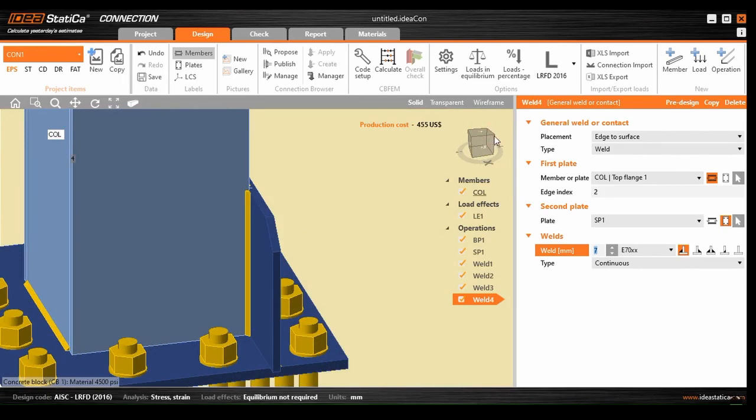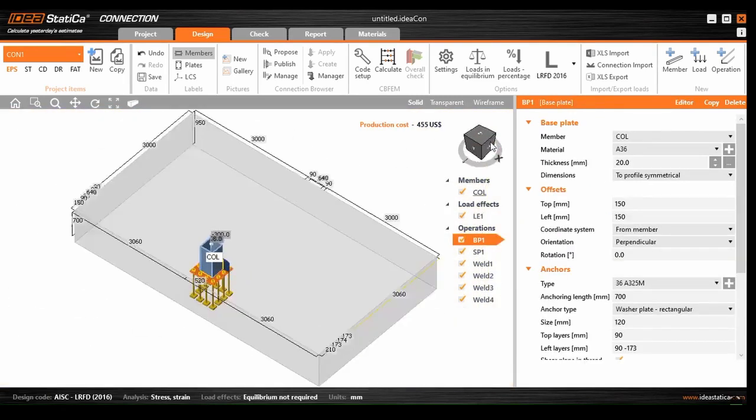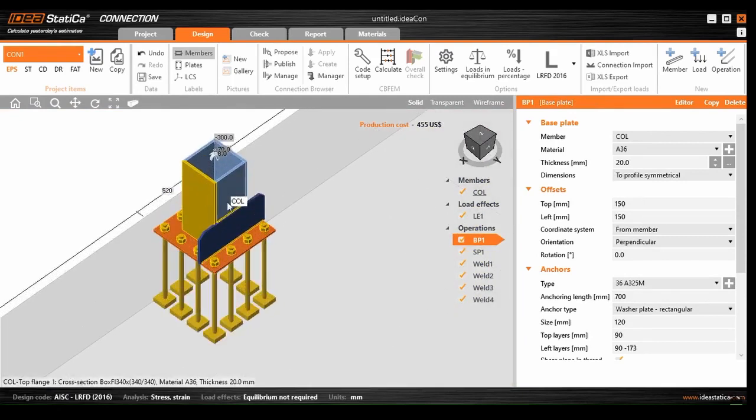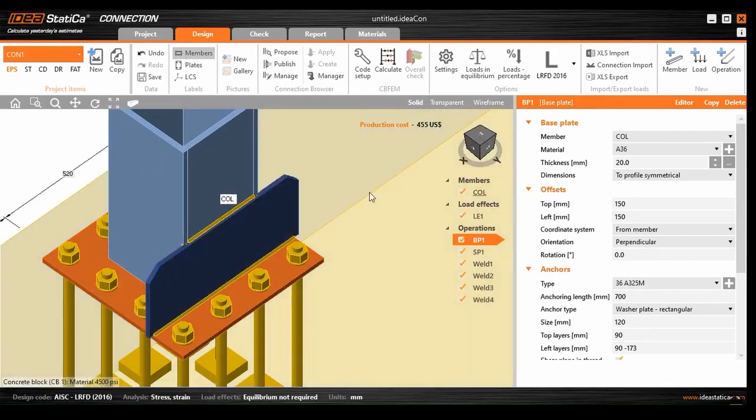Now, all the welds that we wanted to define are now well defined and well located. So now I want to add a similar SP1 to the other side of the column.